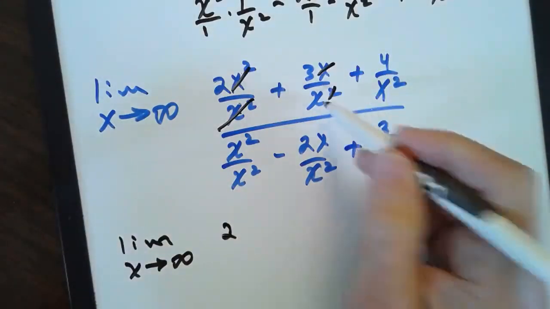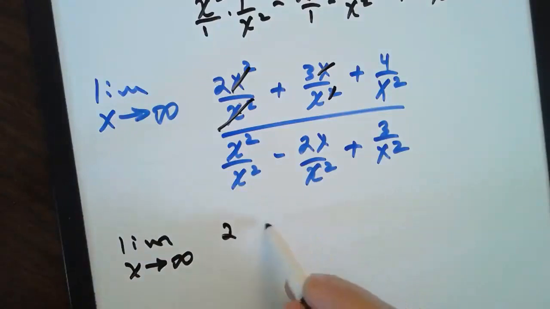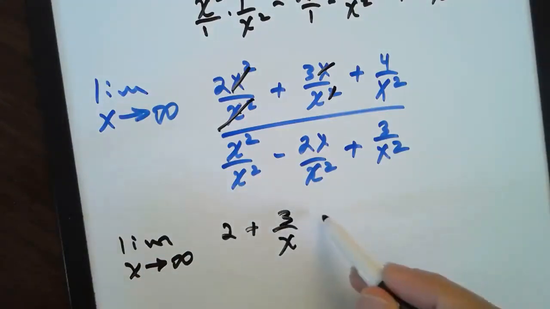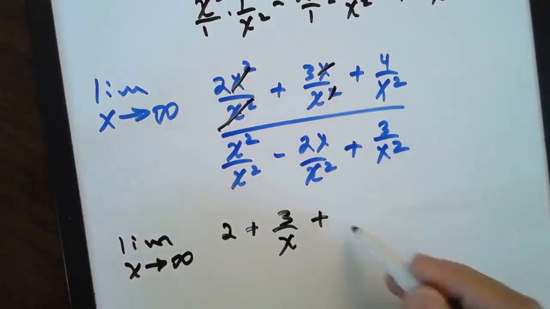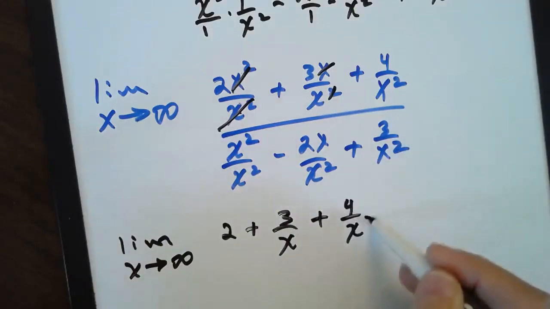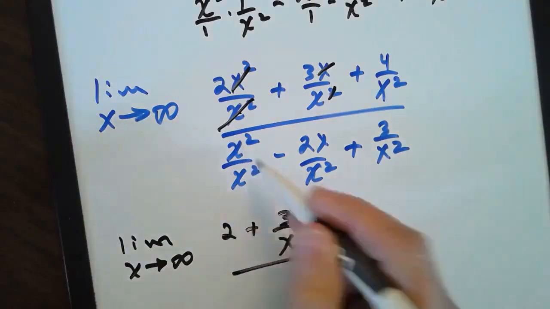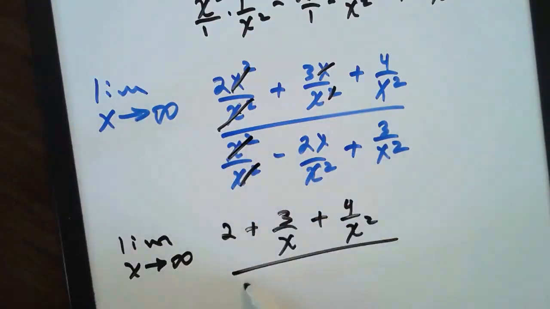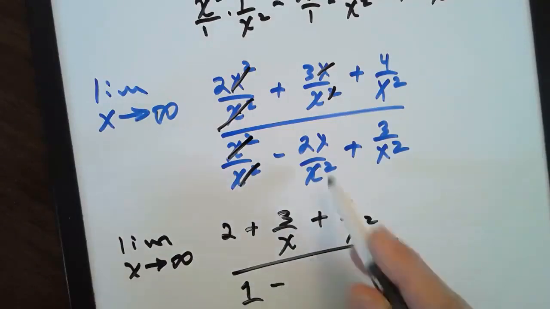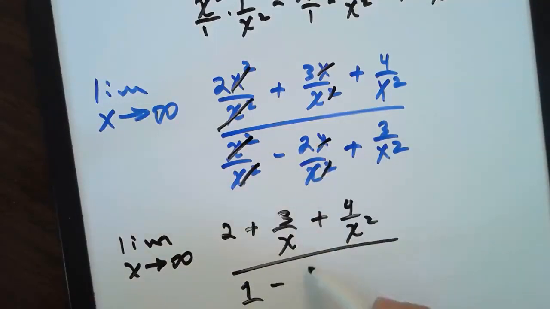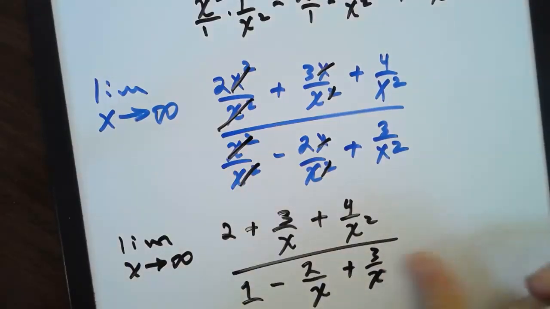And 3x goes into x squared, and we get plus 3 over x. Then plus 4 over x squared, nothing simplifies there, over. And here x squared over x squared is just 1, minus 2x over x squared, that's 2 over x, plus 3 over x squared.